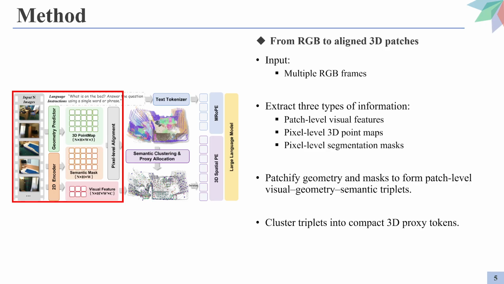After this alignment, every visual patch has three components: a visual feature, 3D spatial information, and a semantic or instance label. When multiple mask labels appear inside one patch, the method assigns the label of the object occupying the largest area. The result is an aligned patch-level representation that tells the model what is visible, where it is located, and which object or semantic region it belongs to.